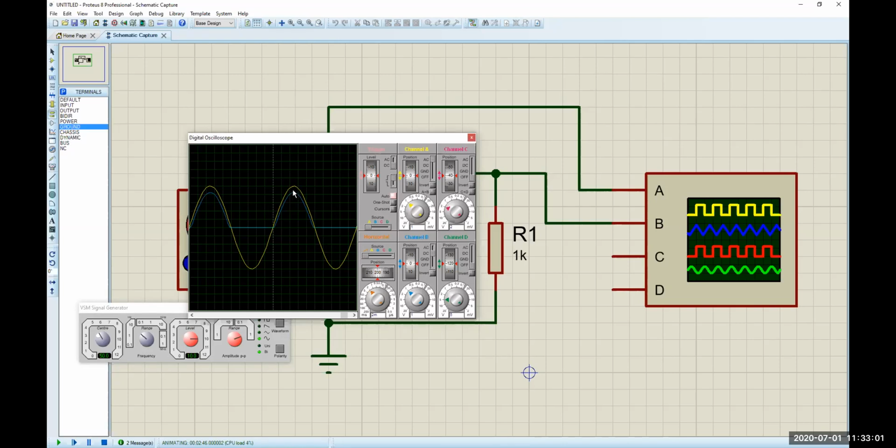Yes, sir. Why is that? Anyone can explain? Anyone? Why is that smaller than your input?